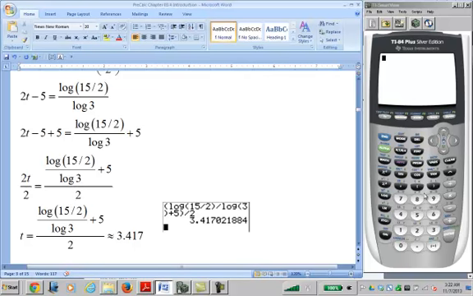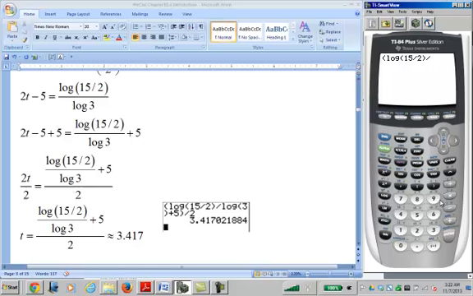So let's just go through the steps here. Open parenthesis, you can see it right here on the screen. Log 15 divided by 2. Notice my usage of parentheses to keep numerators and denominators together.